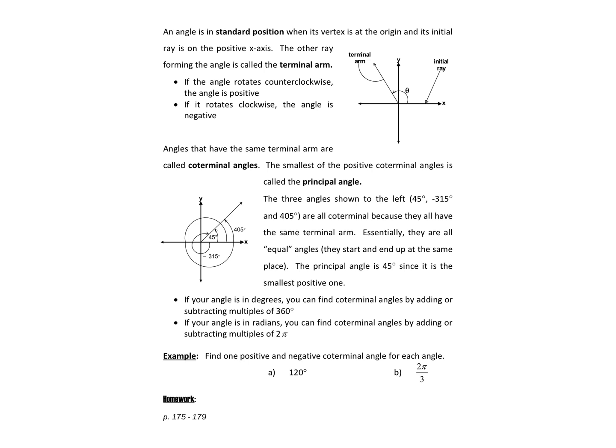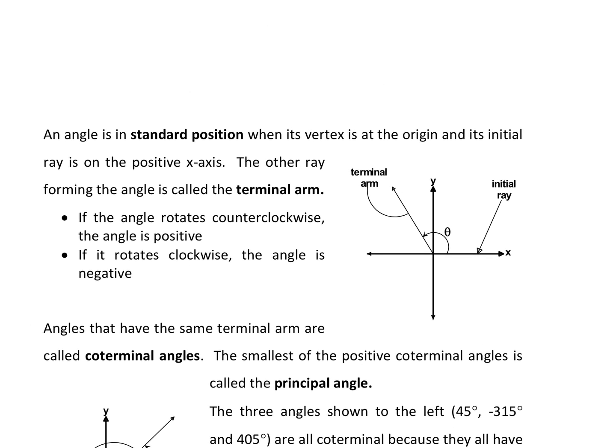An angle is in standard position when its vertex is at the origin and its initial ray is on the positive x-axis. So this is our terminal arm right here. We've done this before.